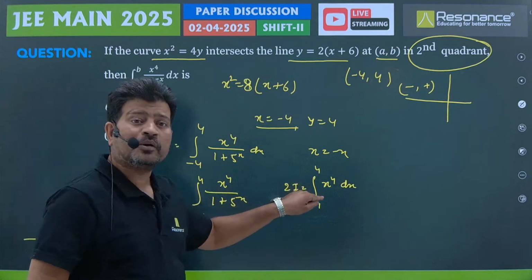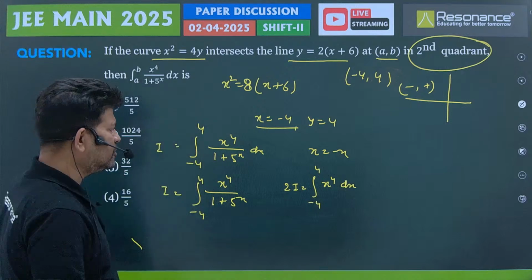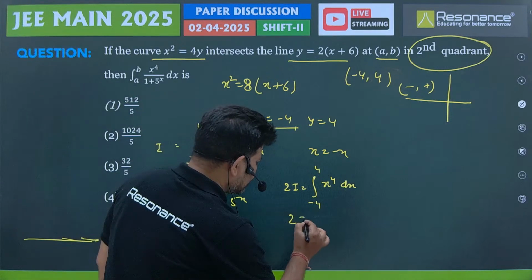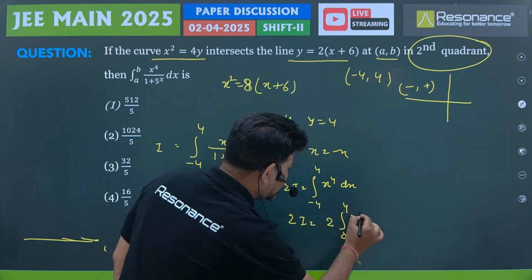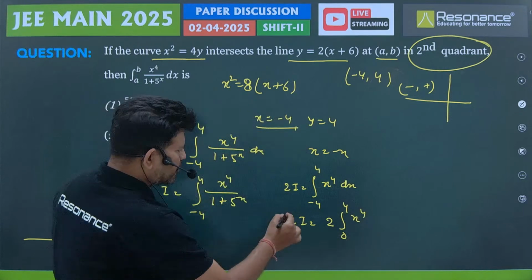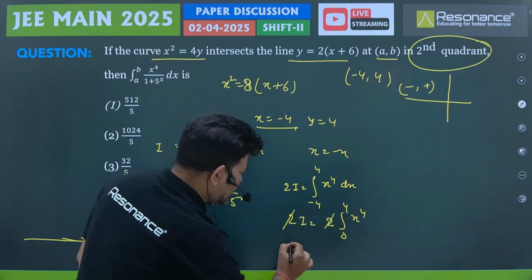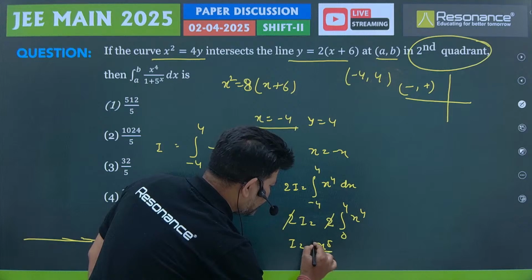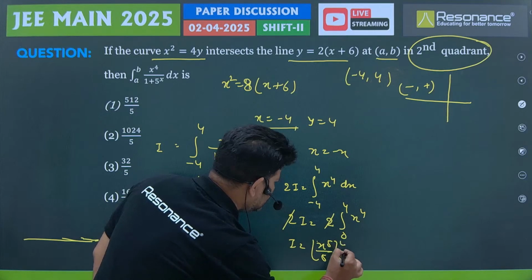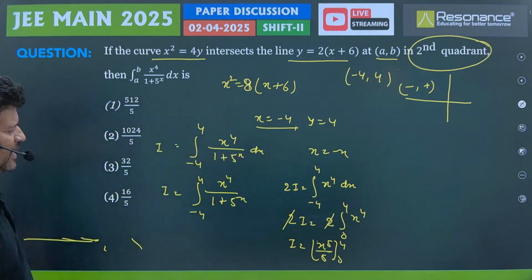Now x to the power 4 is an even function. So 2I is equal to 2 times the integral from 0 to 4 of x to the power 4. This 2 and this 2 cancel, so I is equal to x to the power 5 by 5 from 0 to 4. We can find this value.